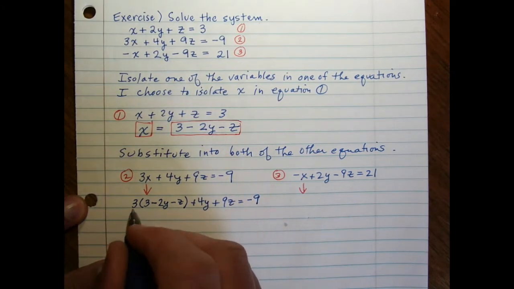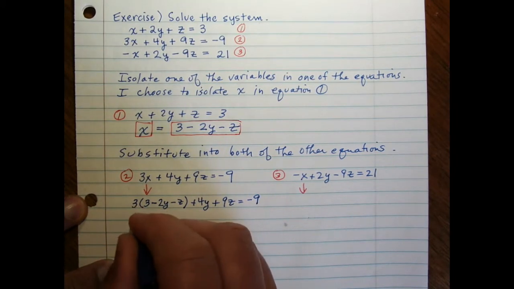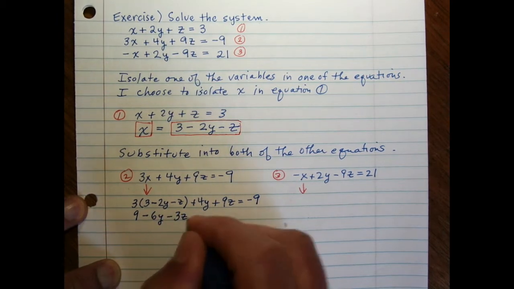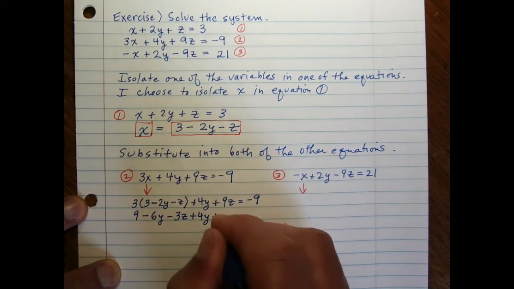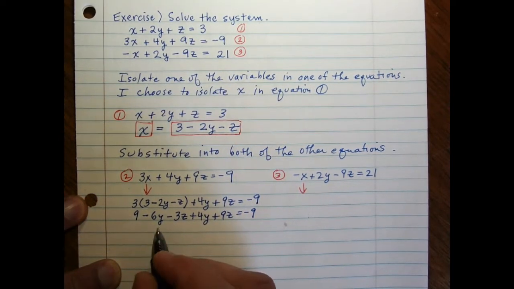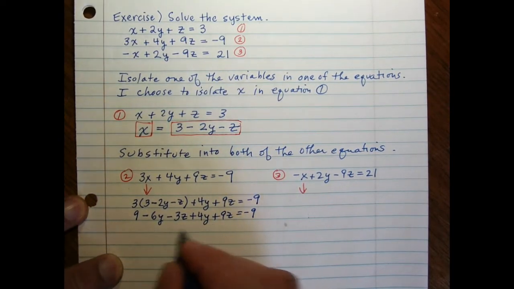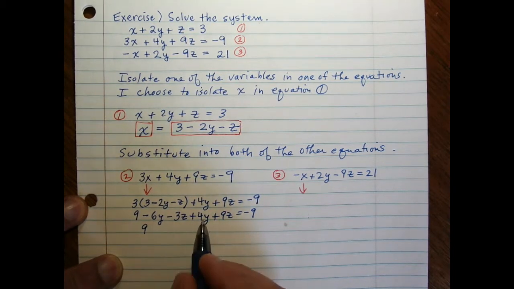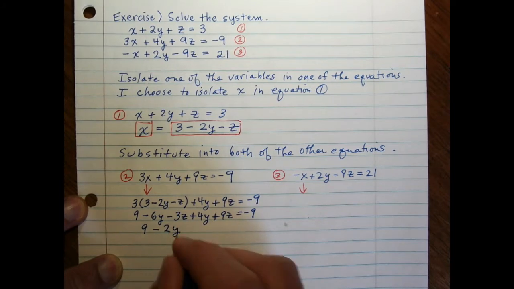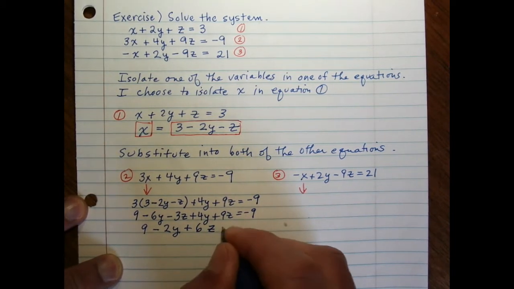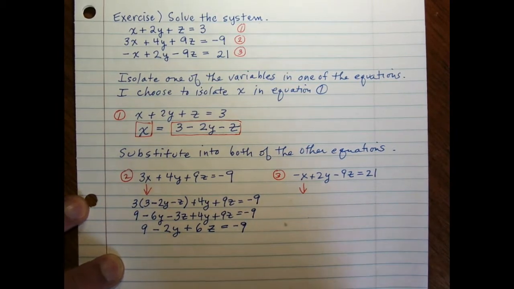Let's clean it up a little bit. I got to distribute the 3, right? So I have 9 minus 6y minus 3z plus 4y plus 9z equals negative 9. I'm going to combine like terms, so I have 9 minus 2y plus 6z equals negative 9.